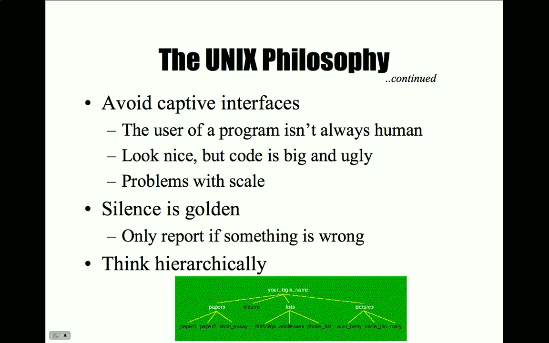Okay, so continuing with the Unix philosophy, Unix avoids interfaces that are cumbersome and long, and the fact that we write on the command line and we always see what we're doing is easy to understand.